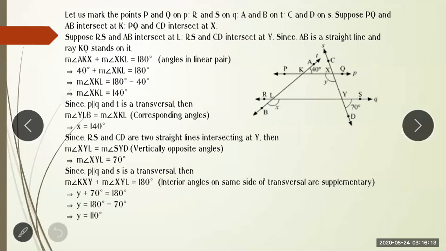Then XKL on one side equals 180 degree, plus 40 becomes minus 40. So we have written 180 minus 40, equal to 140. Here we have completed the first thing.